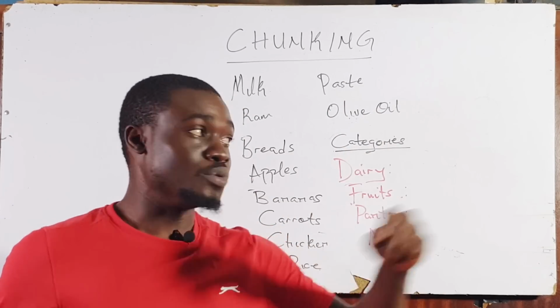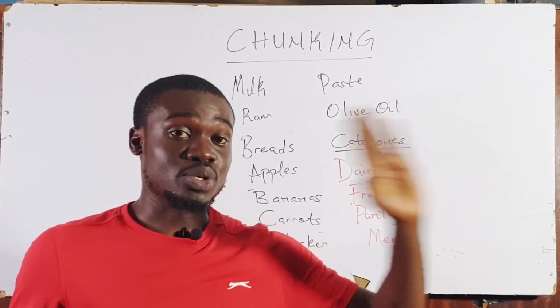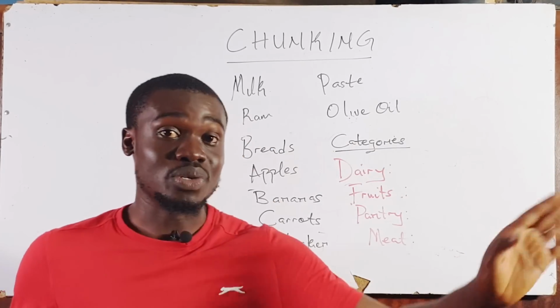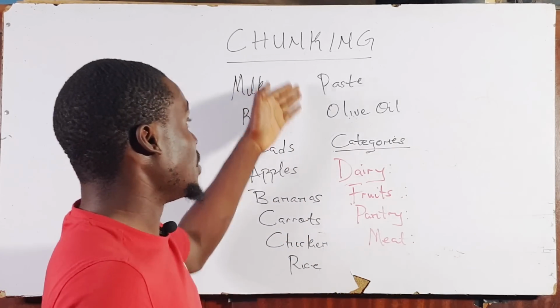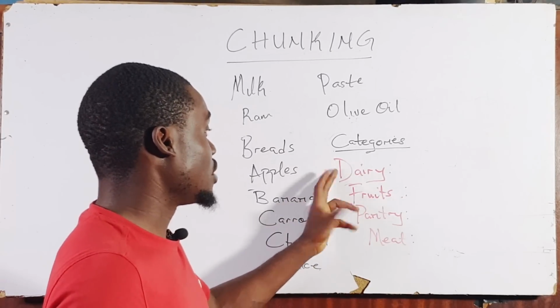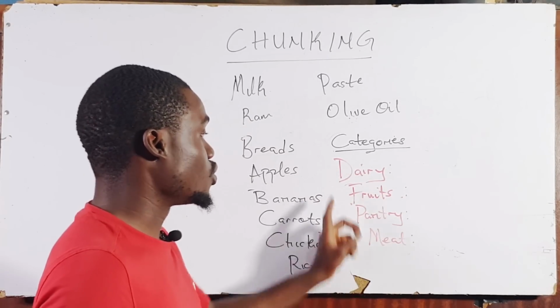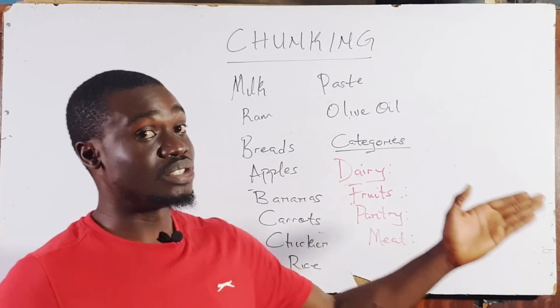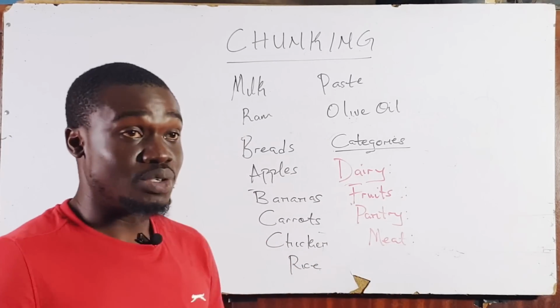Fruits, what is under fruits. Pantry, what is under pantry. And meat, what is under meat. So we have to categorize each of these. All you need to do is learn these 4 things, and once you learn them, you remember the rest. So now let's categorize that.